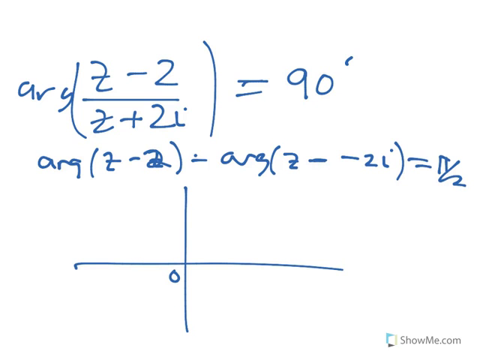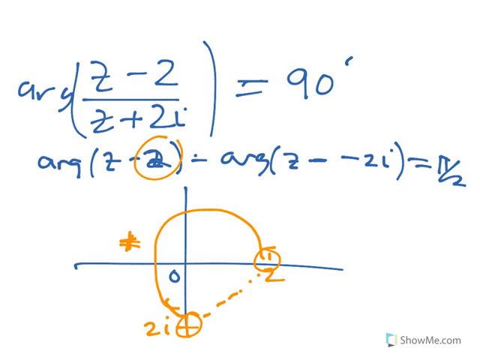You have to take out the negative and subtract it. So you've got 2, which is here, and you have 2i, which is here. If you put two open circles there, this is the positive half here, and that is going to look like that there.